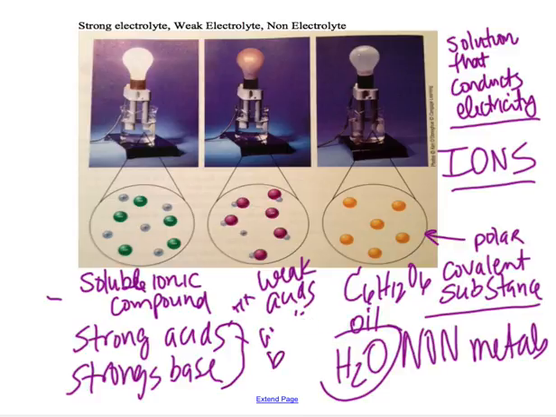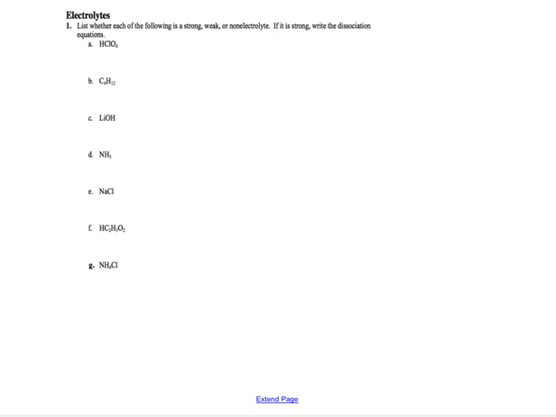They dissociate partially. Only a few H pluses jump off and only a few OH minuses jump off their partner ion, and they have very low conductivities. They have some, and conductivity is a measure of how strong an electrolyte is. If it has a high conductivity, that means it's a strong electrolyte.